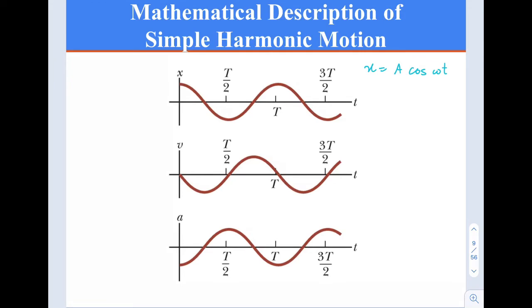And then for velocity, your function will be like this, and here is negative omega squared A cos(omega t). Basically, it has no phase angle for this case. Whenever t is equivalent to 0, x is at A, there is no phase angle phi, so the equation is simplified like this.